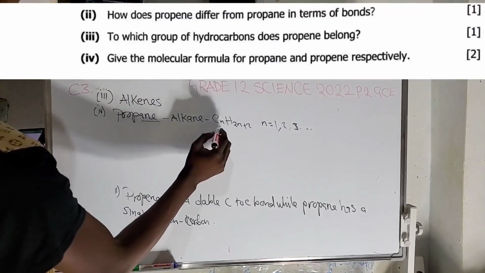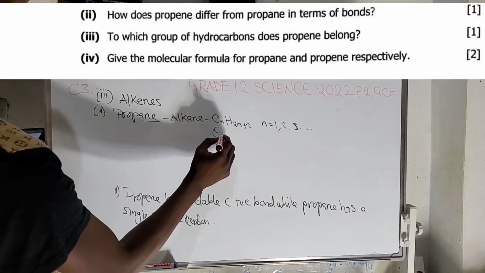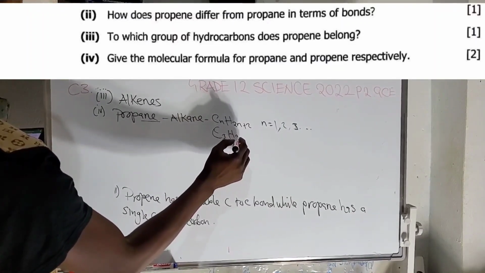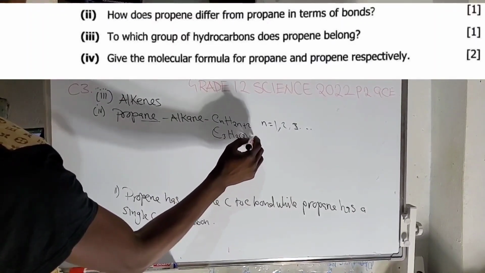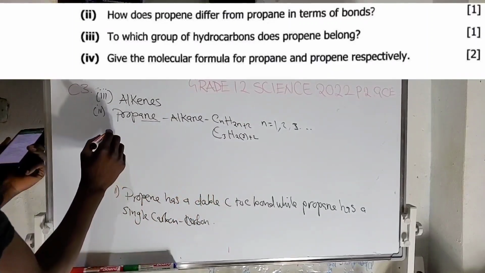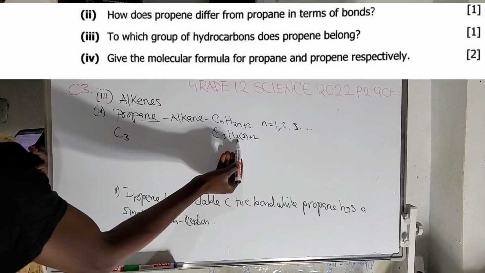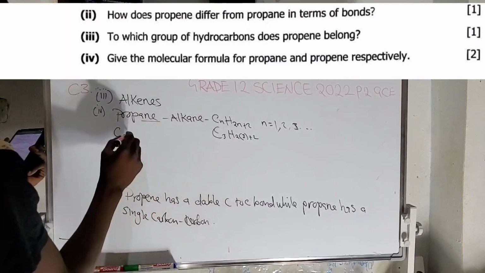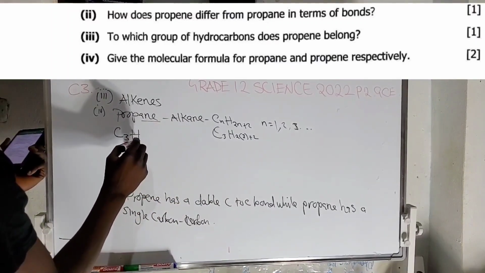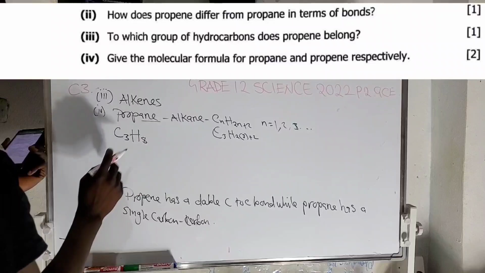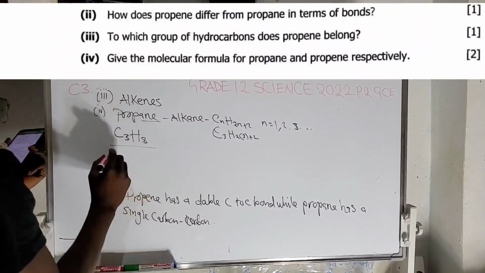So if we substitute 3 here, it will be C3 H2 times 3 plus 2, which gives us the formula C3, 2 times 3 is 6 plus 2, 8. C3H8 for propane.